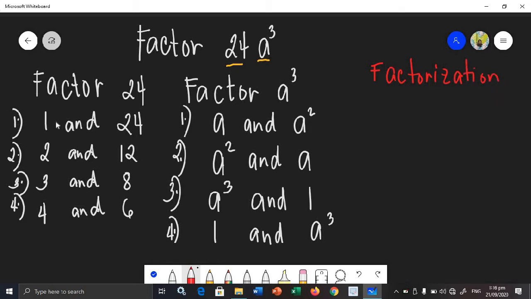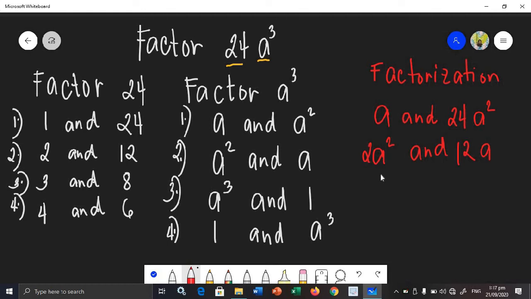Here, let's combine the factors that line up. First, a and 24a squared. Another, 2 and a squared combined, so 2a squared and 12a.